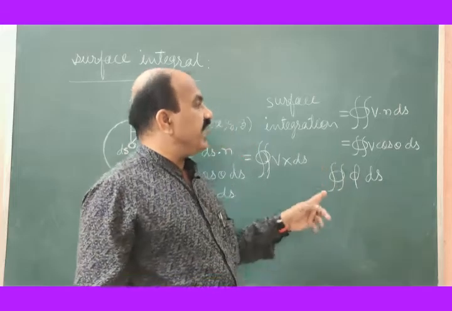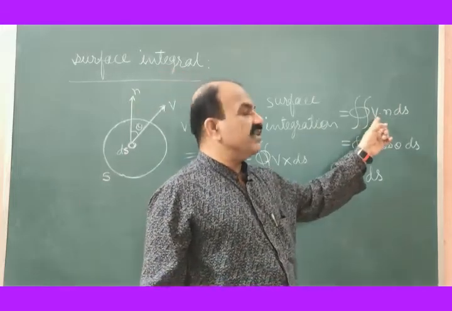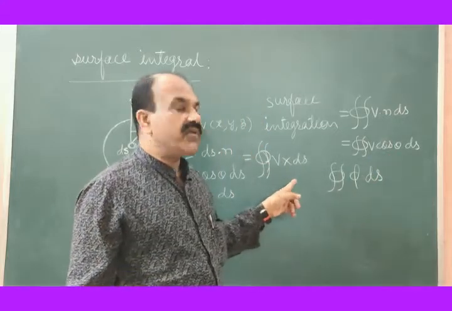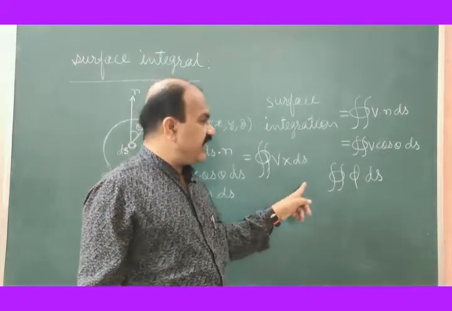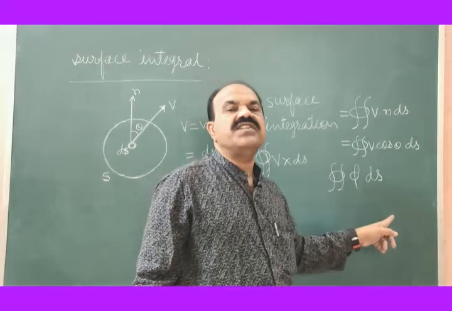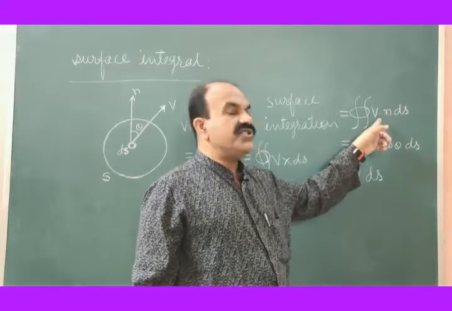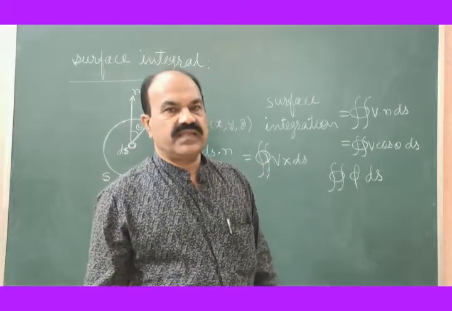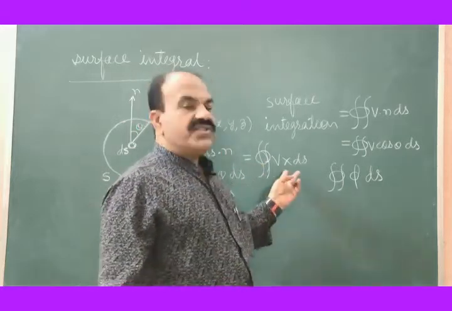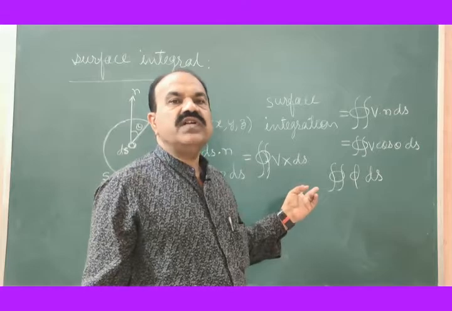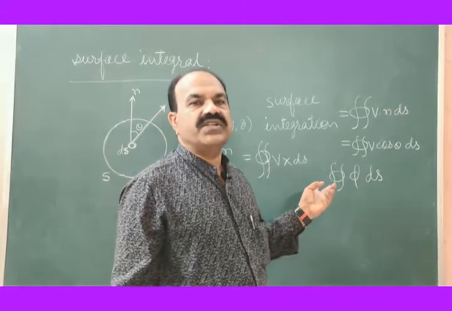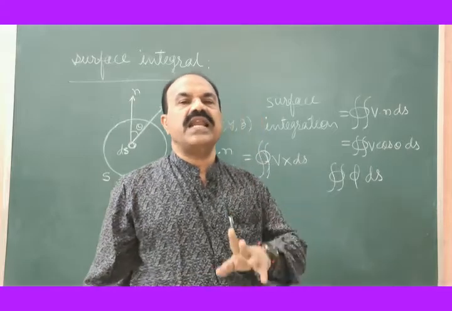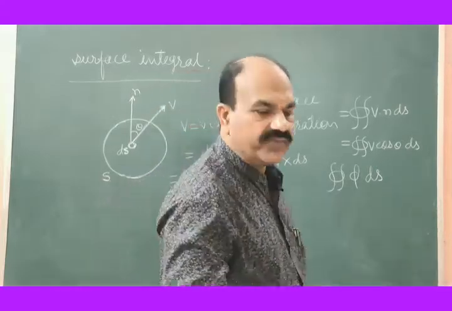This way we can take surface integration using this method or this method. Even we can have surface integration this way. Here this is surface integration of dot product of two vectors. Here it is surface integration of cross product of vectors. Here it is surface integration of the scalar point function.